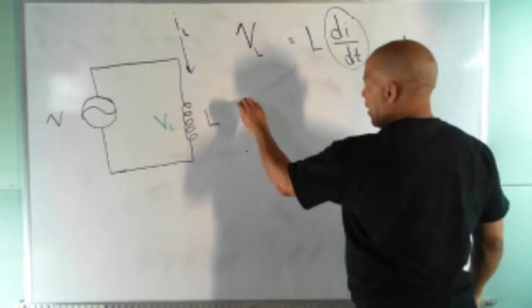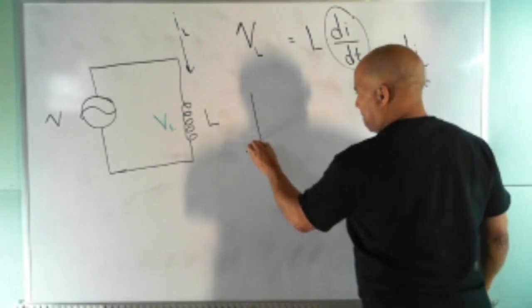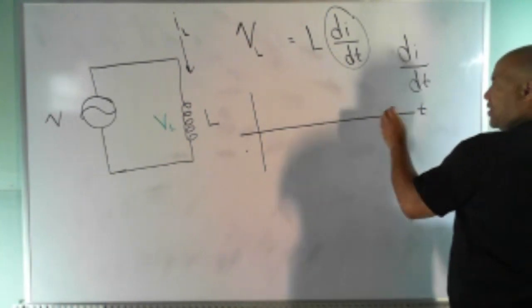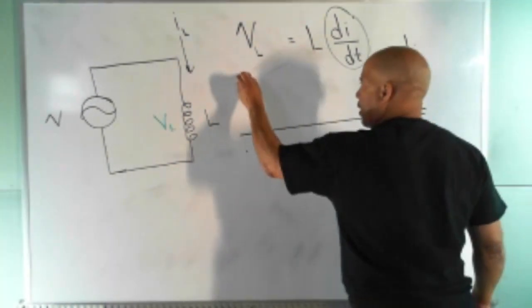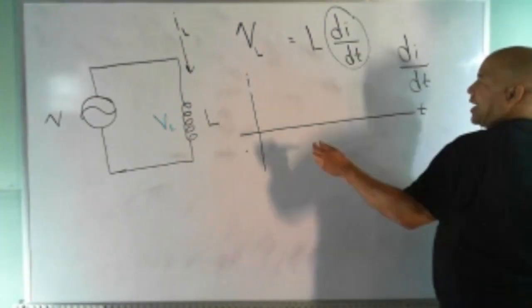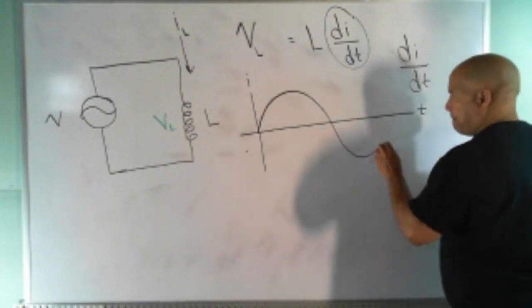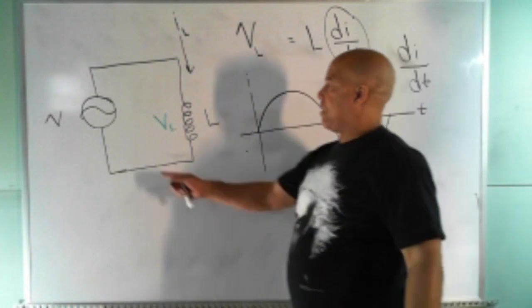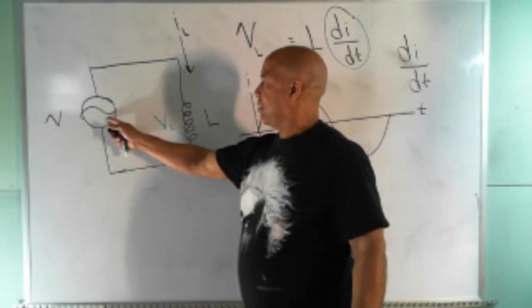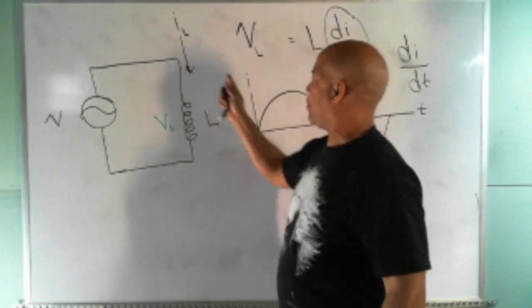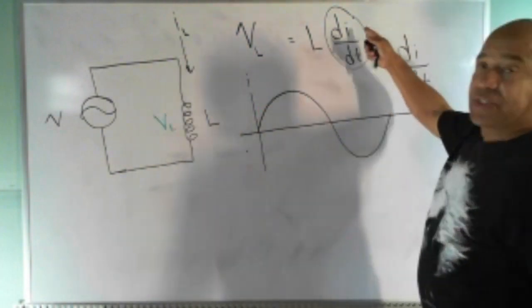So let me make a graph of current over time. So this is current, and that current is going to look like a sine. If this is the circuit, and that's the sine generator, then this current produced at I is going to be a sine wave.